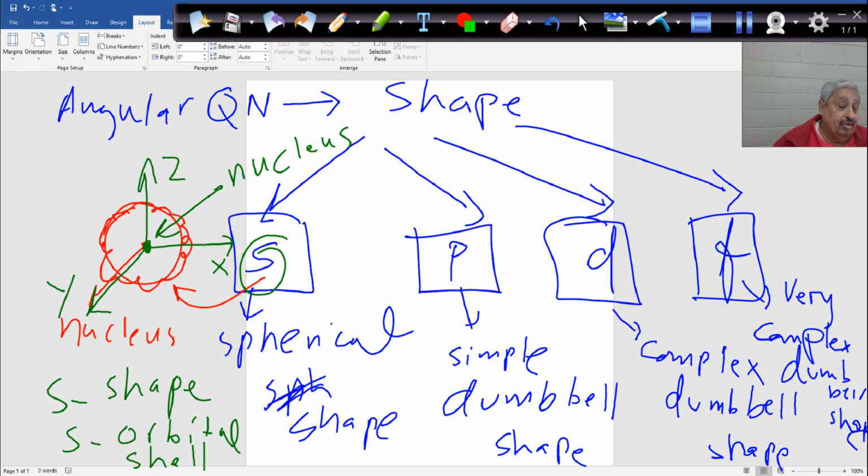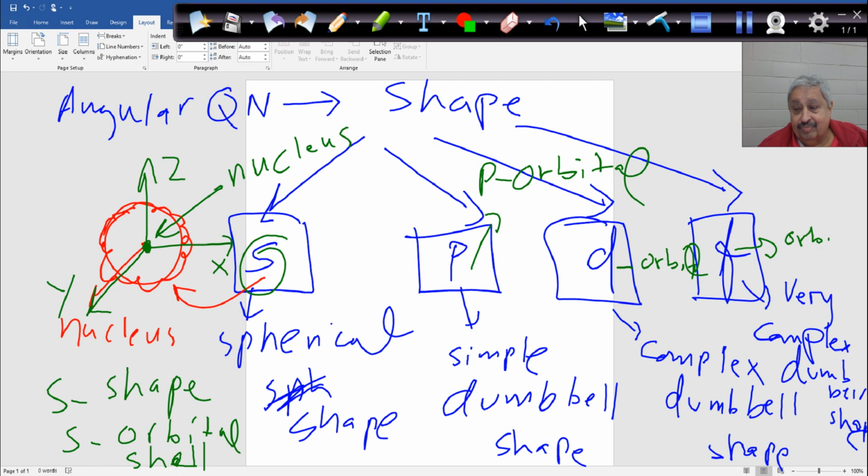So S orbital and S shell. And the same thing, this P, we can upgrade as P orbital. And this D what? D orbital, and F orbitals.